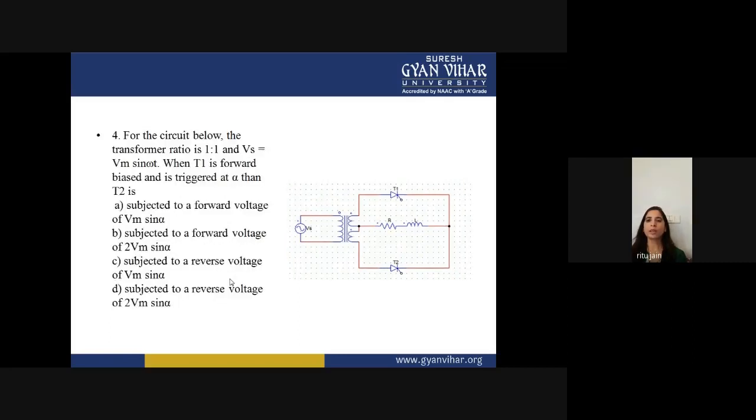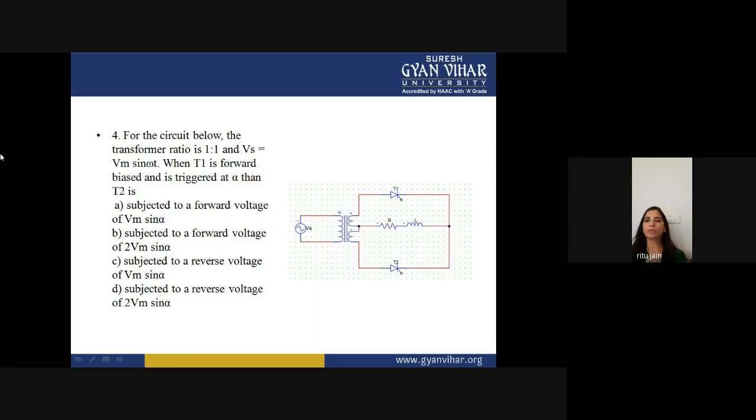For the circuit below, the transformer ratio is 1:1. Vs is equal to Vm sine omega t. When T1 is forward biased and is triggered at alpha, then T2 is subjected to a forward voltage of Vm sine alpha.